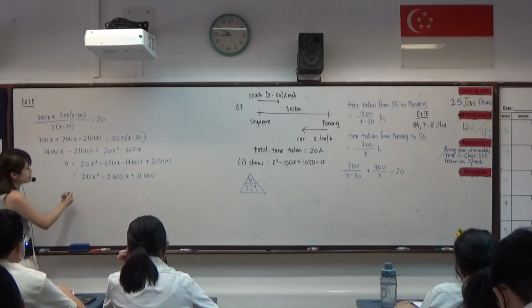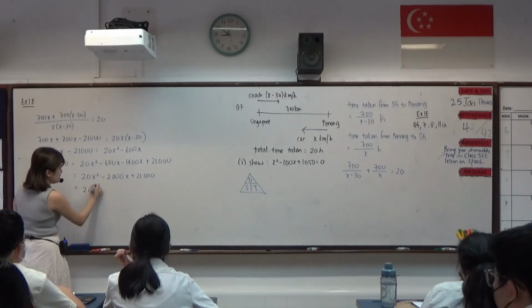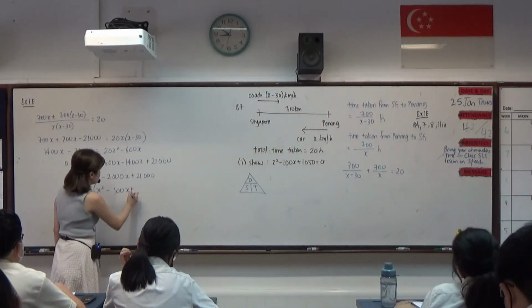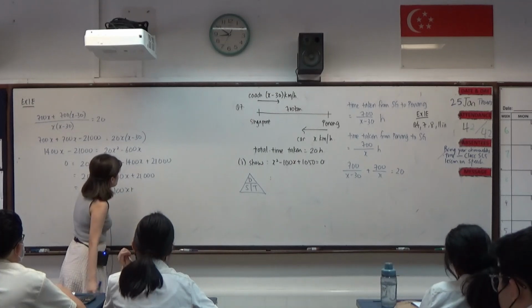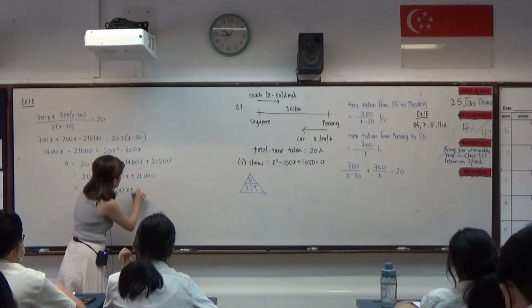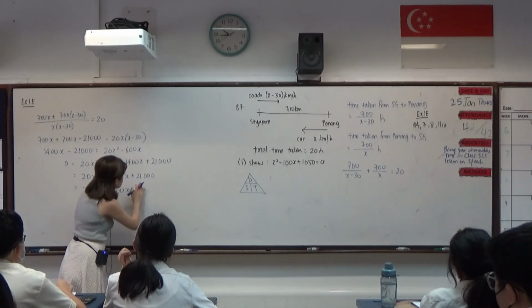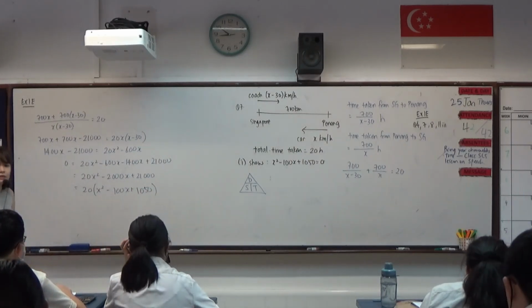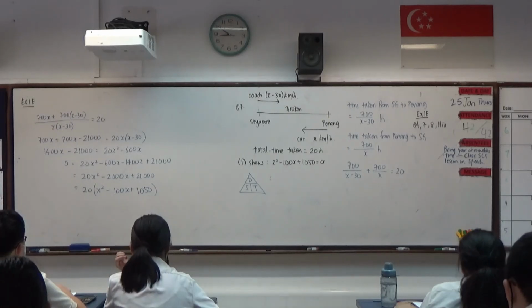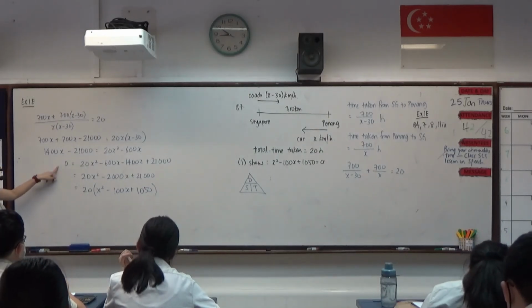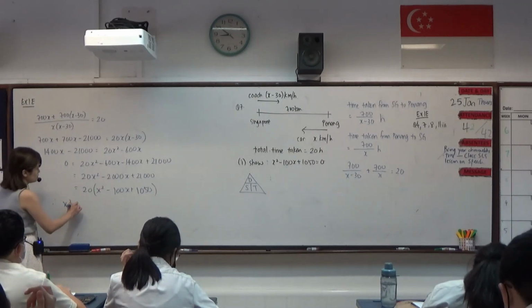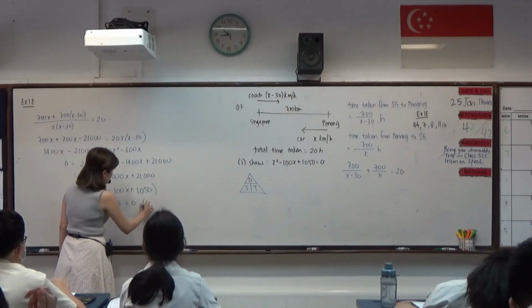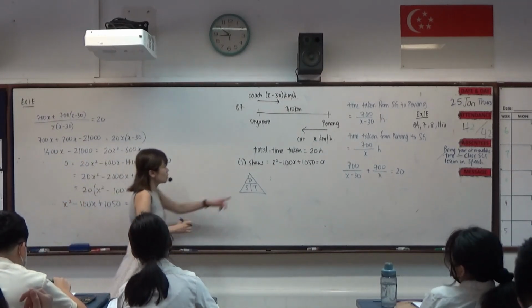Okay, and we notice that we can factorize out 20. 2,100 divided by 20 is 1,050, right? Yes. So we arrive at this, then we can divide by 20 and conclude that we are able to show the quadratic equation.